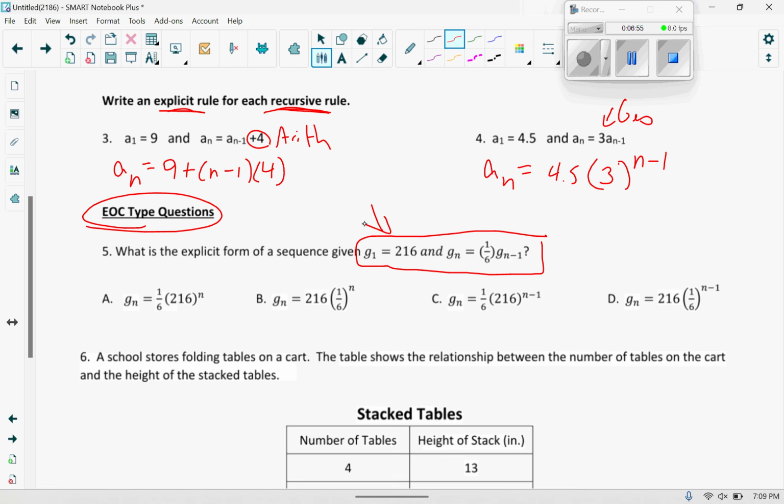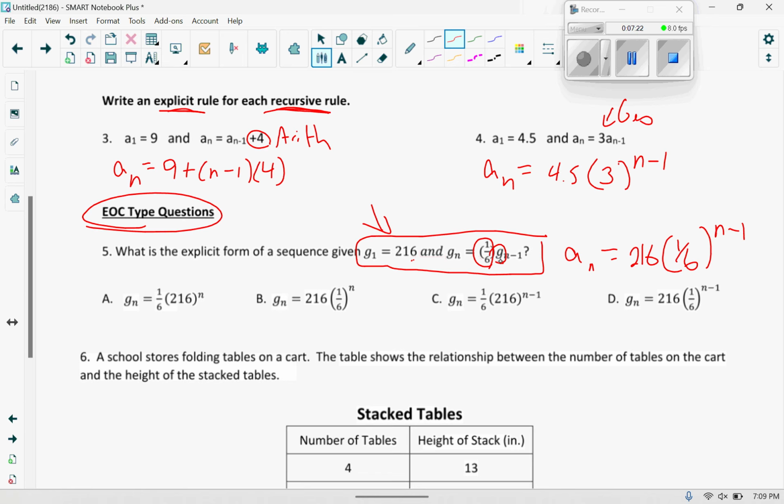So the first thing that I notice is that this is a geometric sequence. So I know that my first term, a sub n equals 216, and then it's going to have some pattern to the n minus 1 power. Also, notice they're using G's instead of A's. That kind of messes me up too.